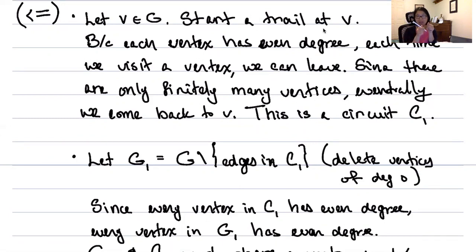Since there are only finitely many vertices, eventually I'll have to come back to V, because I can't possibly get stuck at a different vertex: every time I go in, I have an out that I can follow. I'm going to call that thing a circuit C1.